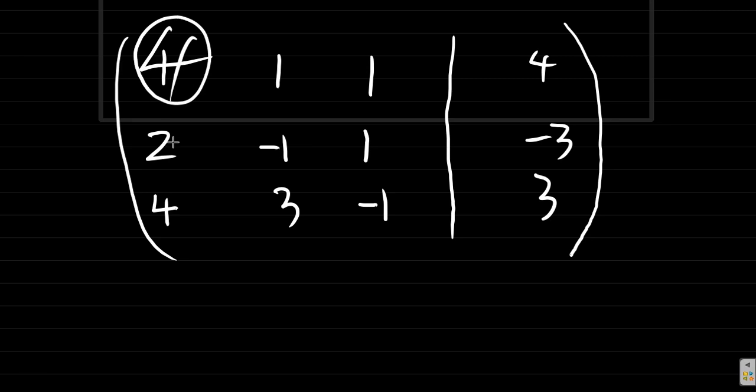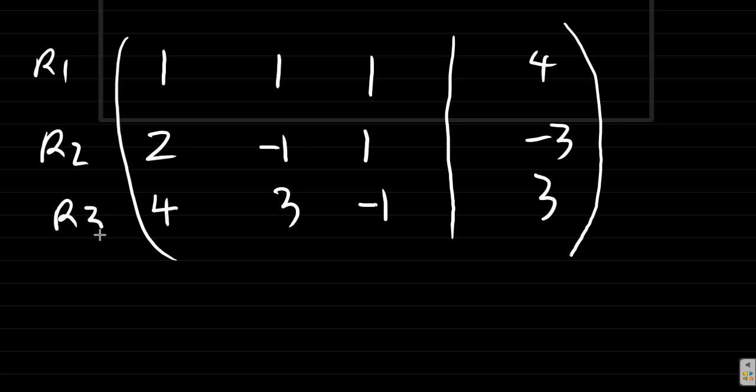And then take this 4 and subtract them. And the new numbers, you replace them in row 3, and you get your 0 there. So that's what's going to happen. Now this is row 1, row 2, row 3. Alright? Going across.